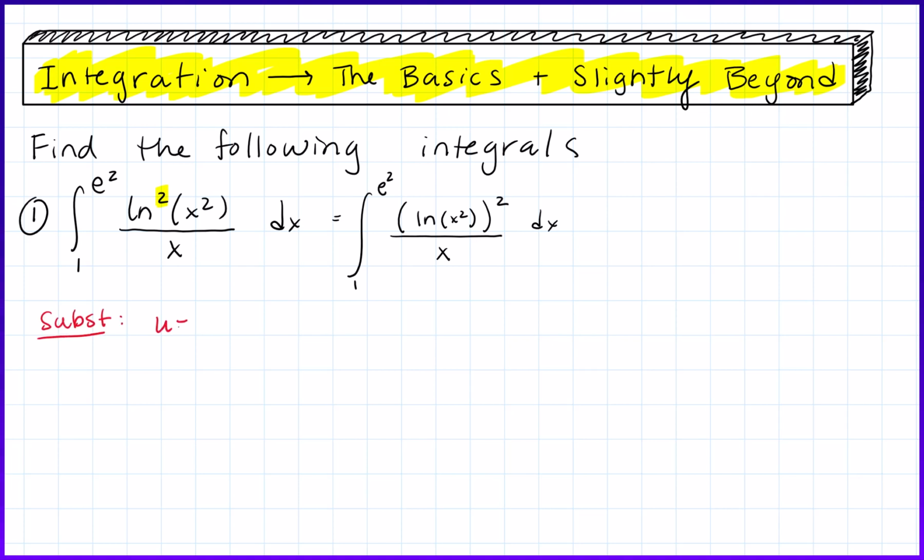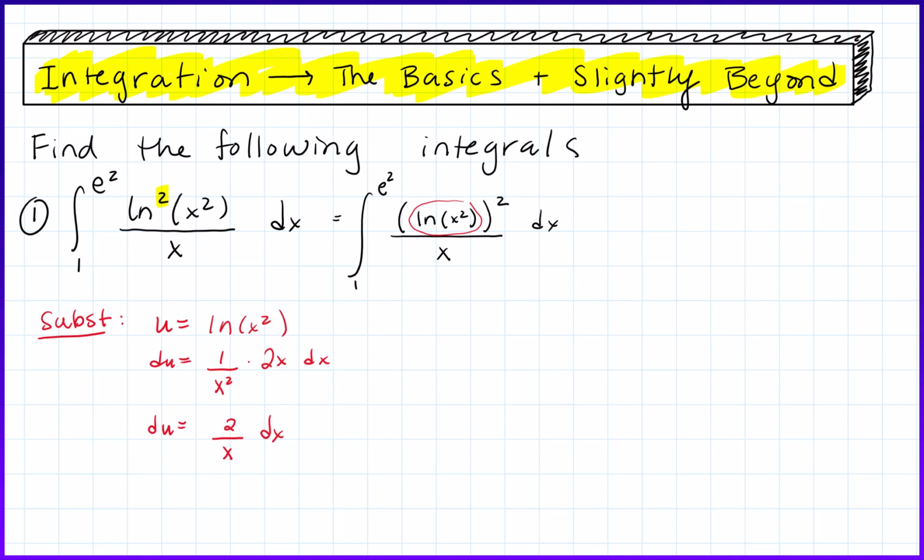If I let u equal that function that's being squared, the natural log of x squared, when I take the derivative, and I will also separate the differential at the same time, I would get 1 over x squared times the derivative of x squared, which is 2x. Separate the differential, I get dx. So du is actually 2 over x dx.